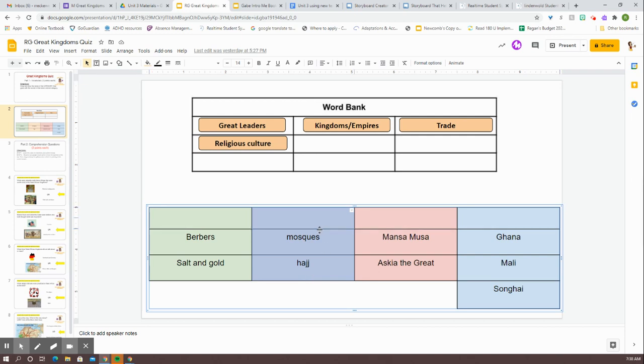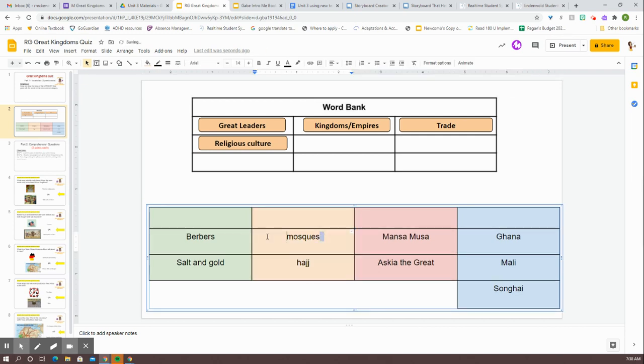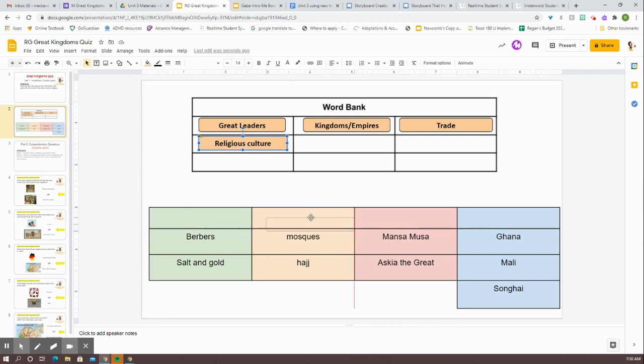So if a mosque is a place of worship and a Hajj is a religious pilgrimage, I know that both of these things have to do with religious culture. So I'll drag religious culture right here.